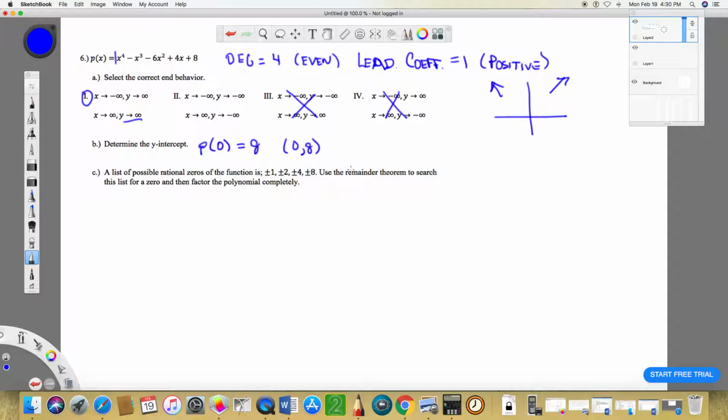Now, it could be that our zeros are irrational numbers and they won't be in this list. But if it does cross an irrational number, it'll guarantee to be one of these numbers.